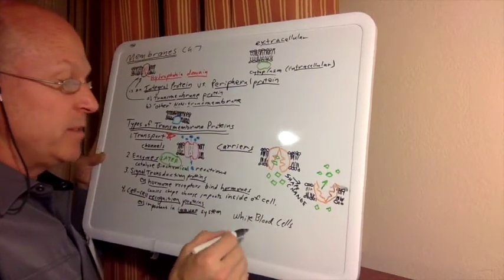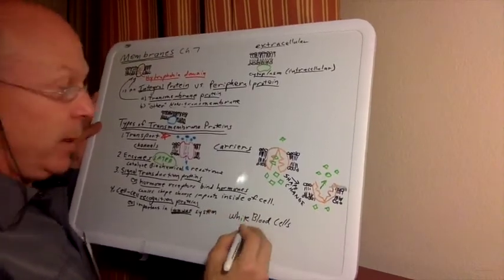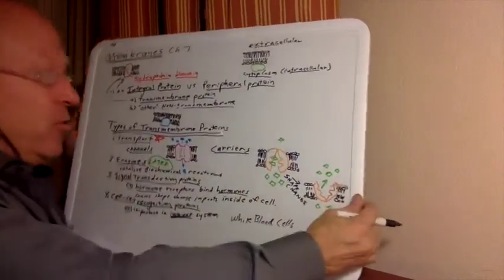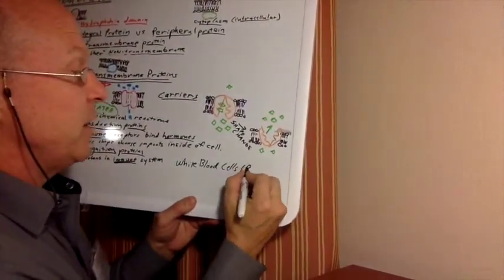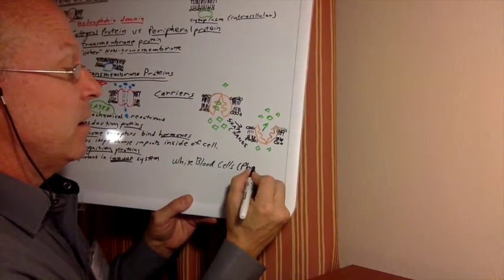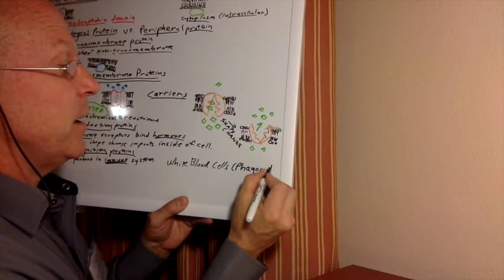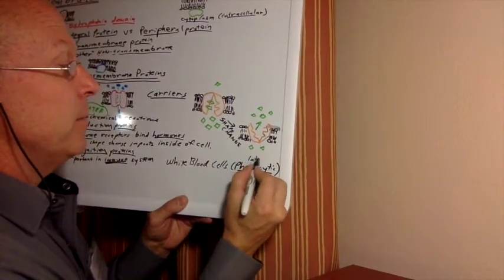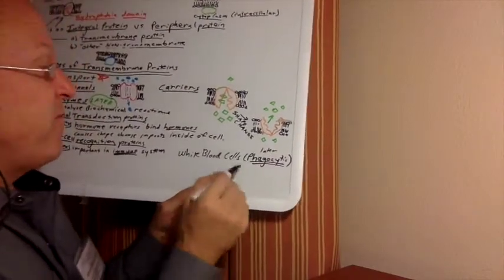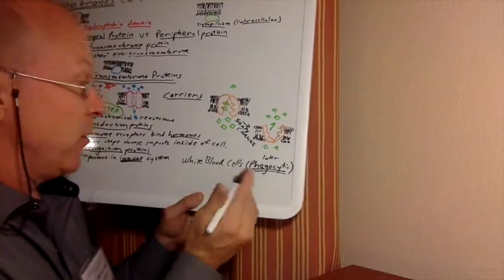Now, we're going to learn this term later today, but what white blood cells do for a living is that they are what we call phagocytic. That's an A, phagocytic. This is going to happen later, but phagocytic cells gobble up other things, including other cells.